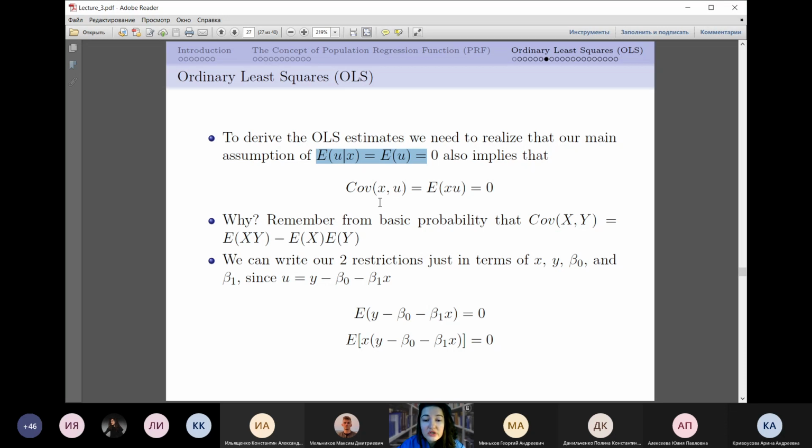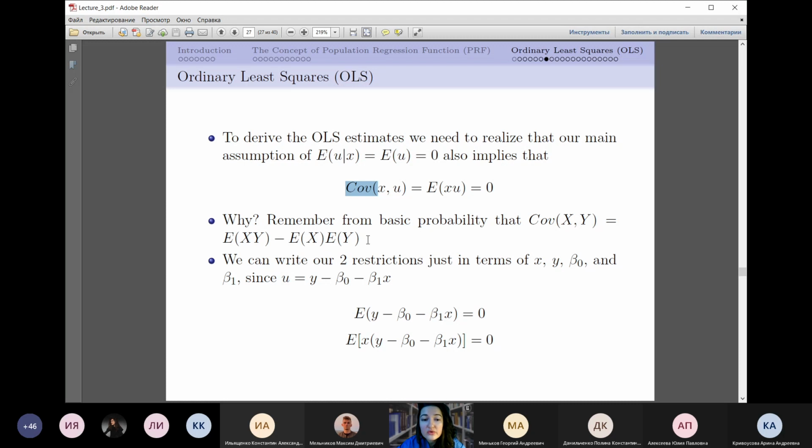So in other words, we can say that the covariance between x and our error term is 0. So there is no correlation or covariance between our error term and our independent variables.